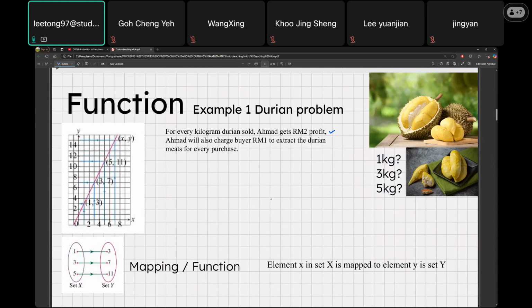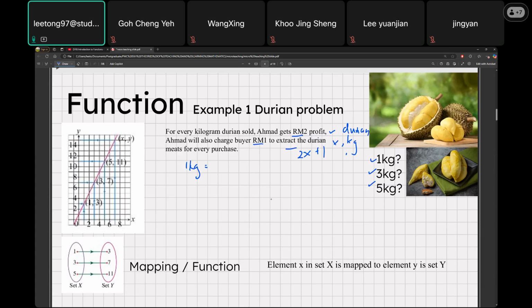What can we get if you buy 1 kg, 3 kg, or 5 kg? From here we can know that the profit Ahmad gets is 2x plus 1, where x is durian in kg.